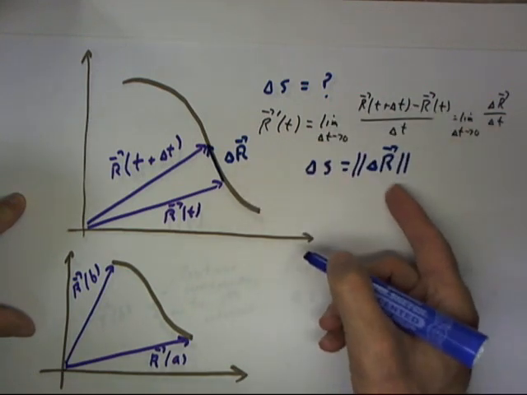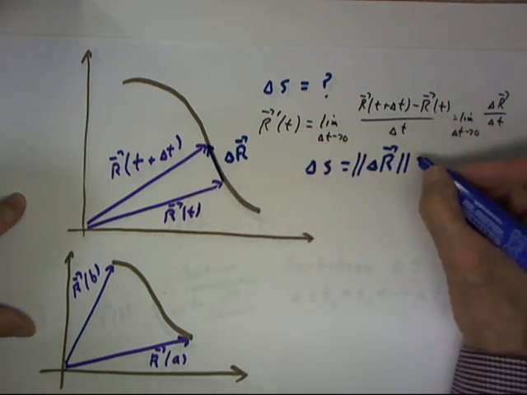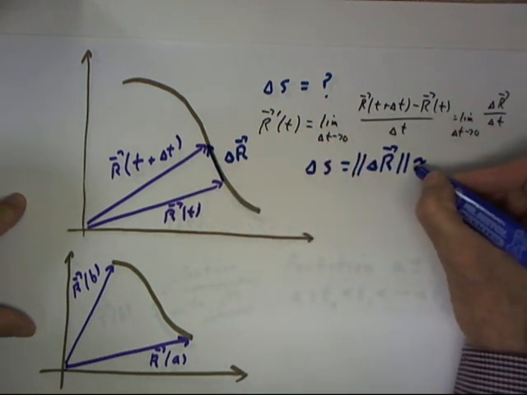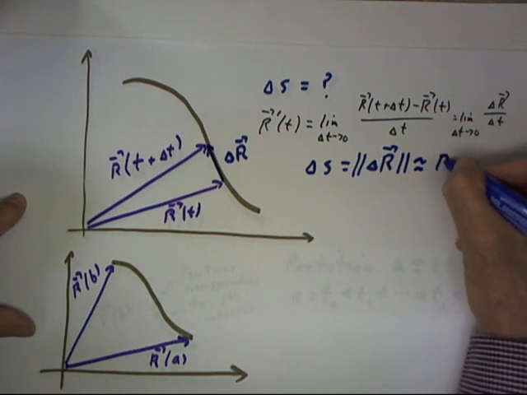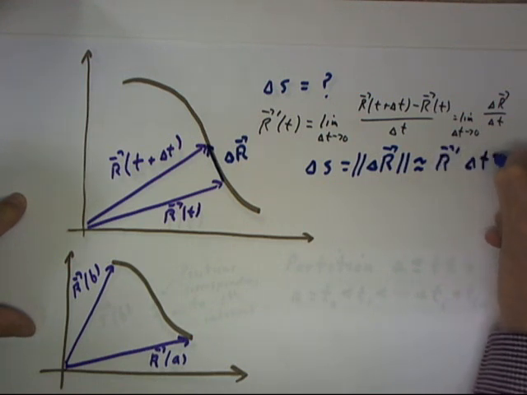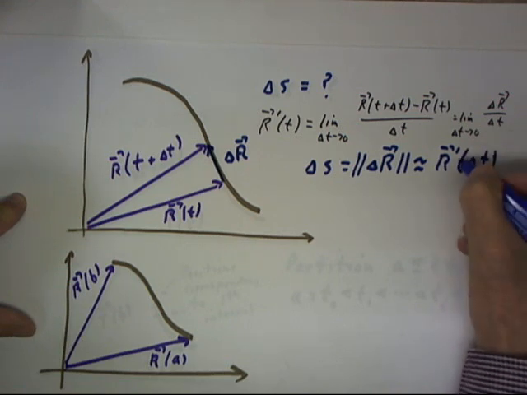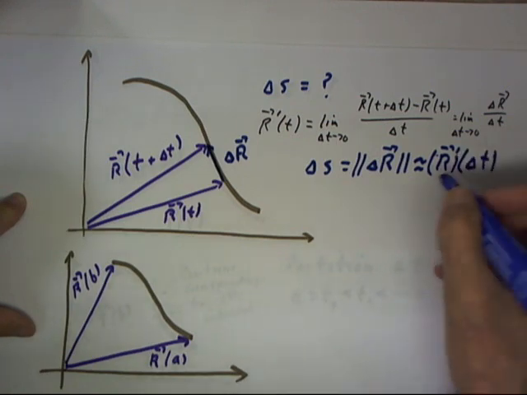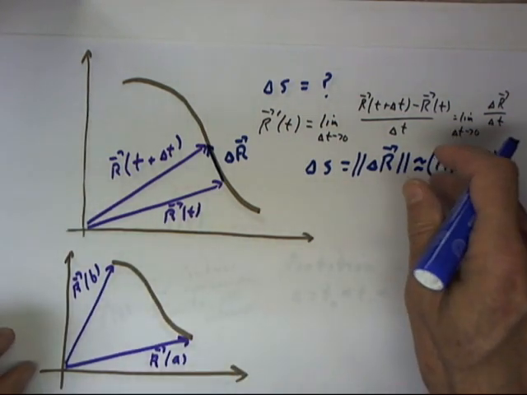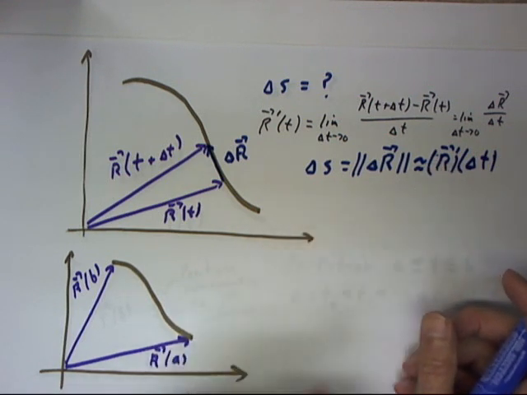Now, the magnitude of delta r, if we consider this definition, is approximately equal to r prime times delta t. The parentheses make that look like r prime is a function of delta t. R prime is a function of t; I'm not explicitly writing the t dependence here.